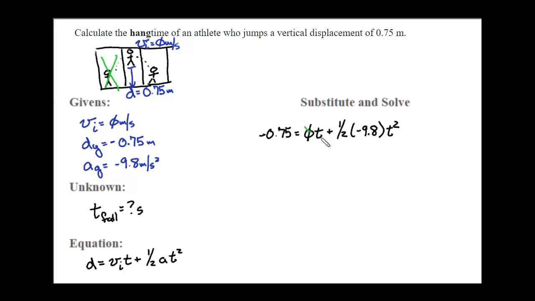Well, this blows up because it's multiplying by 0, so I get negative 0.75 equals negative 4.9 t squared. Can divide this side by negative 4.9 so that these two cancel. Whatever I do to the right, I need to do the left.